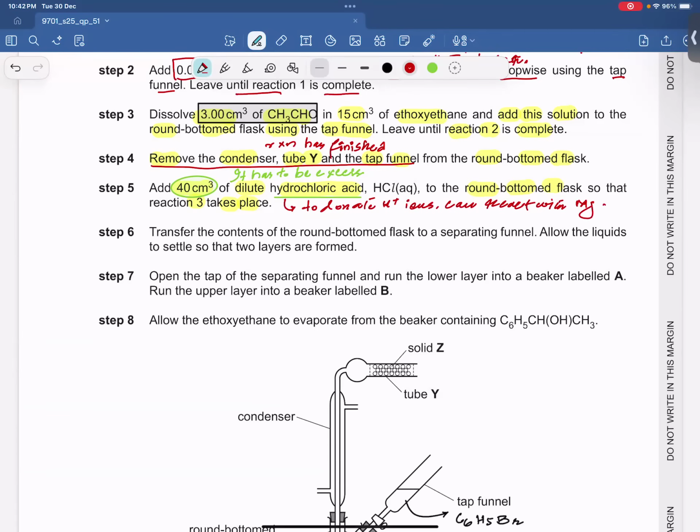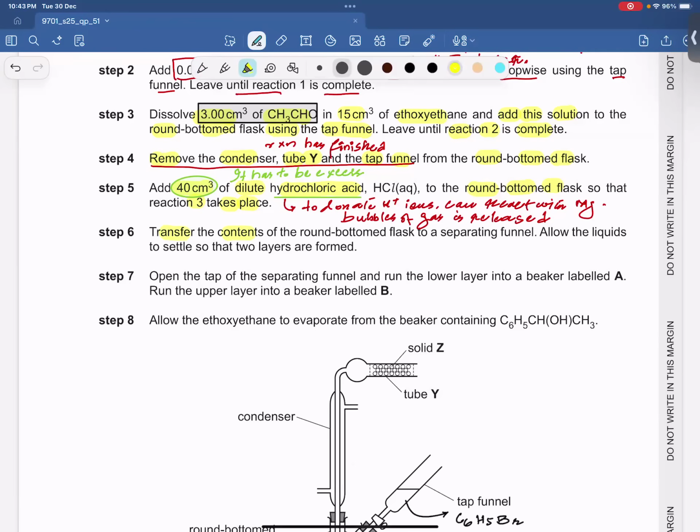And when magnesium is treated with hydrogen ions, you will get bubbles of gas given off or released.